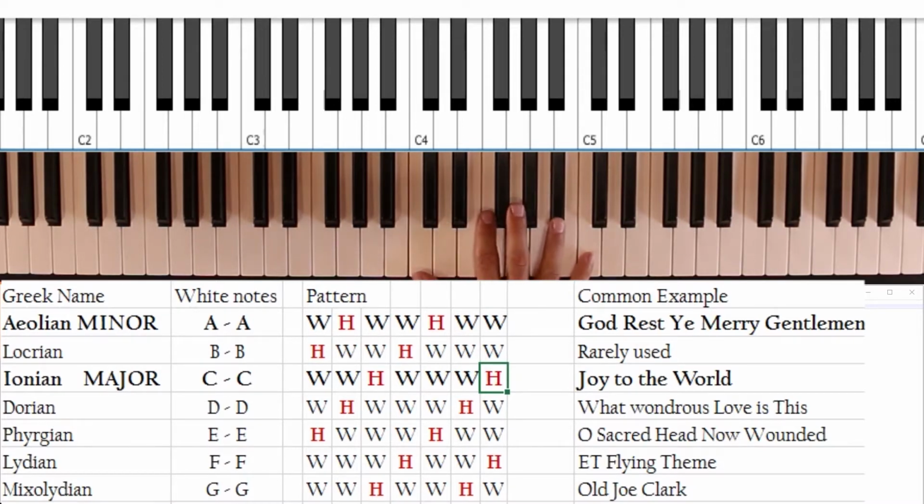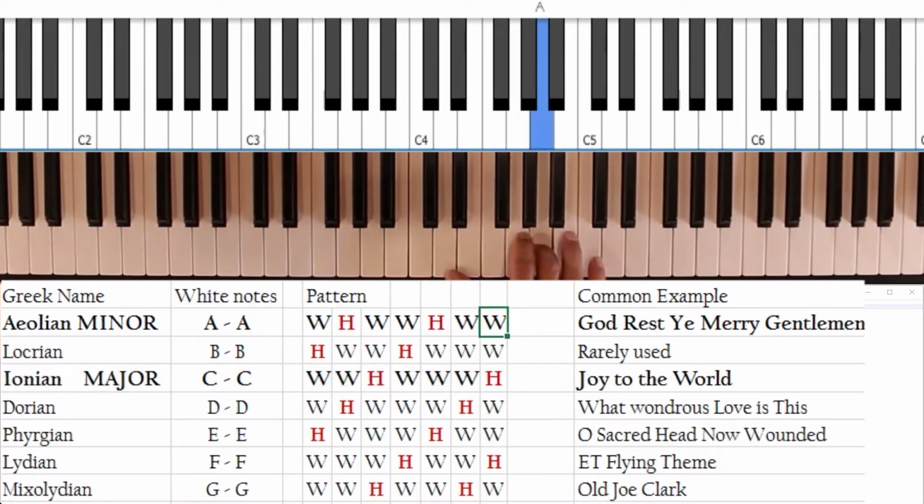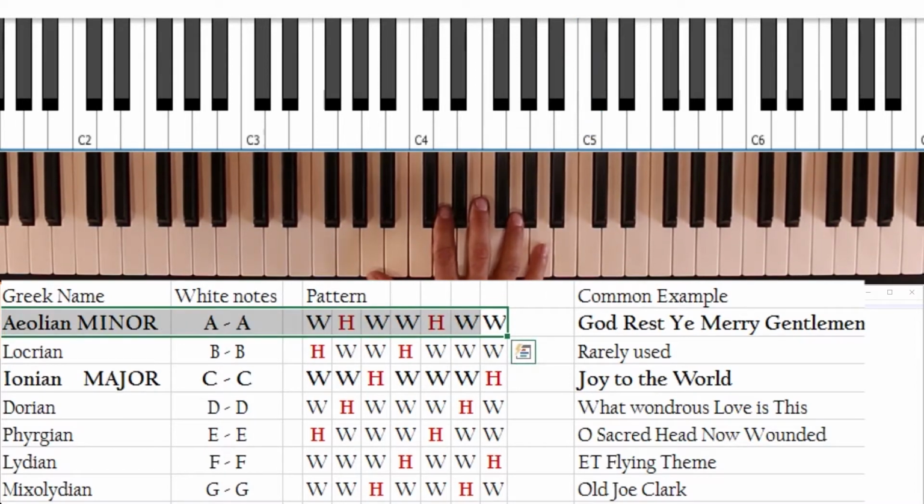Well, first, let me play Joy to the World for you in what we call the major scale or the Ionian. Now I'll shift that down to the Aeolian and you'll hear the difference. Now, you hear that now has a completely different sound.